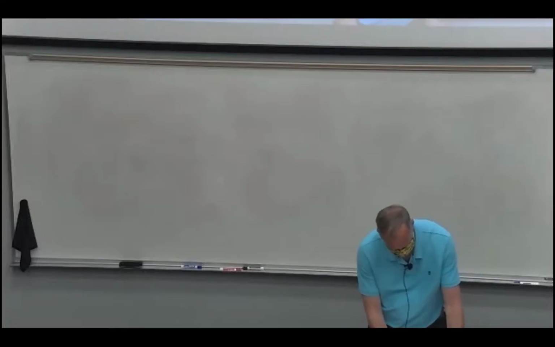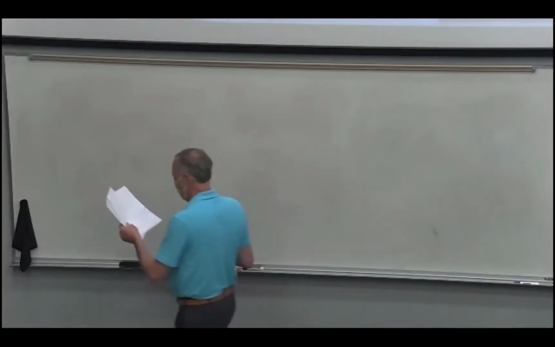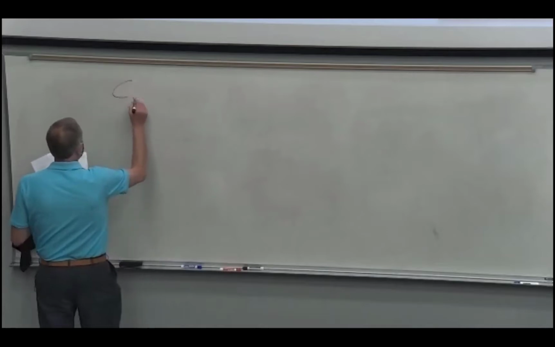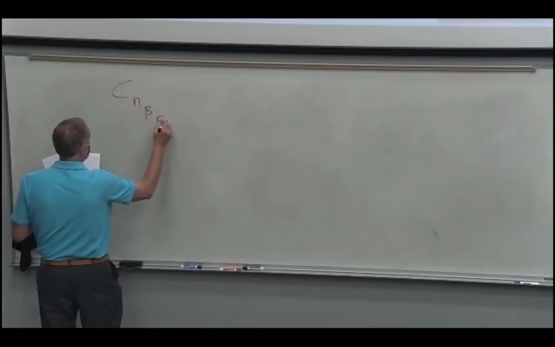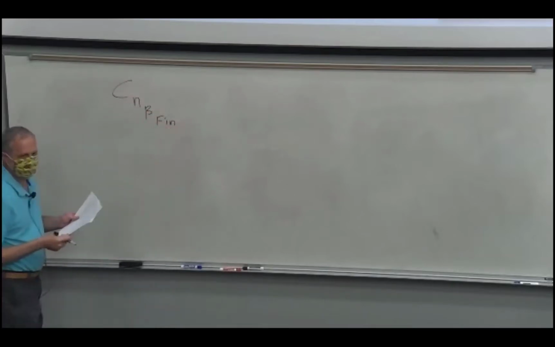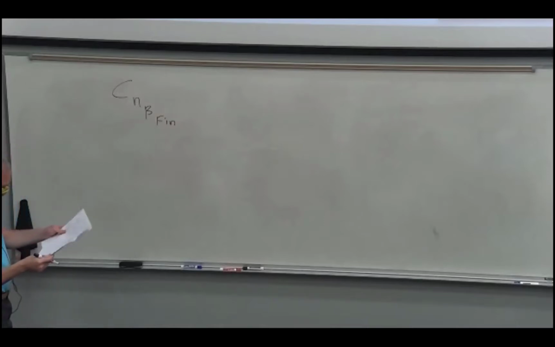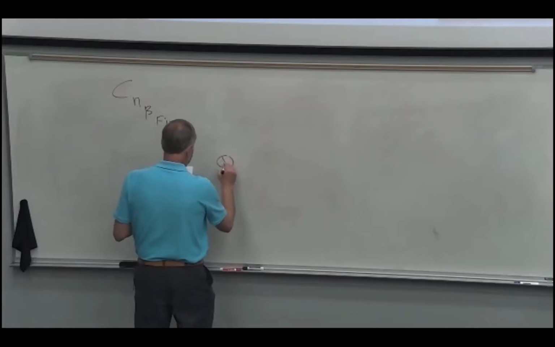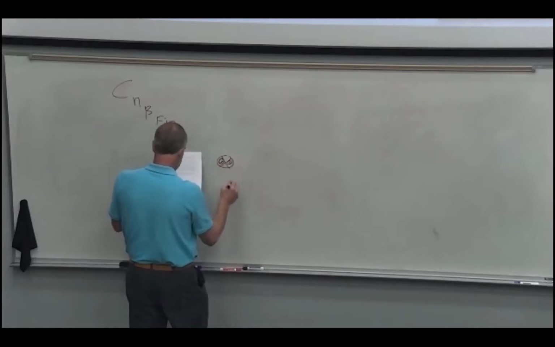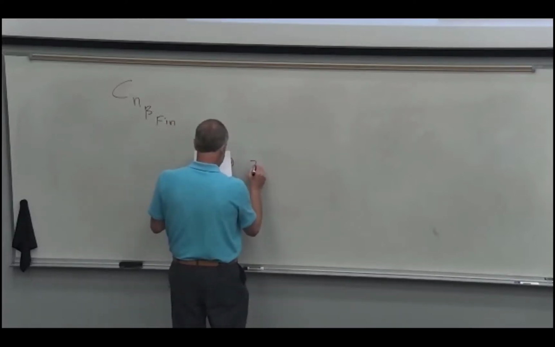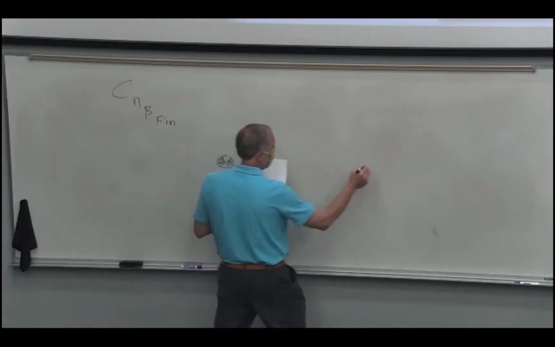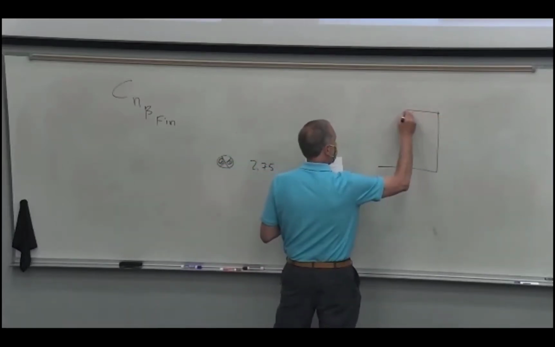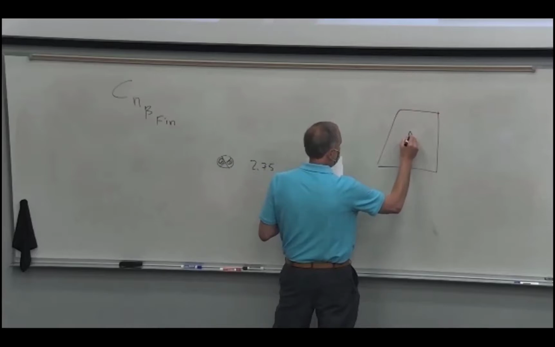All right, so the first thing we're doing is calculating CN beta fin. So this is the vertical tail effect on CN beta, the yawing moment due to beta. So we need the distance to the vertical tail aerodynamic center, which is here.